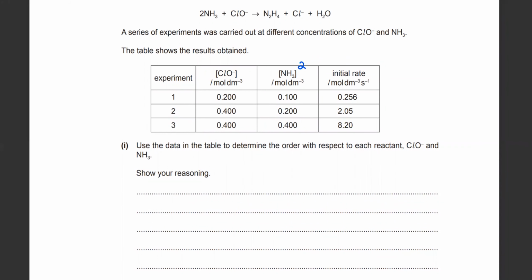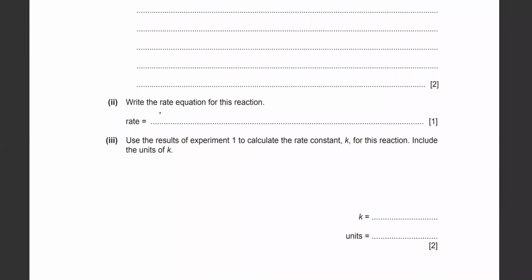This one was squared and this one was power 1. So rate is going to be k, NH3 concentration squared, and ClO minus 1 concentration to the power 1. So that's the rate equation.